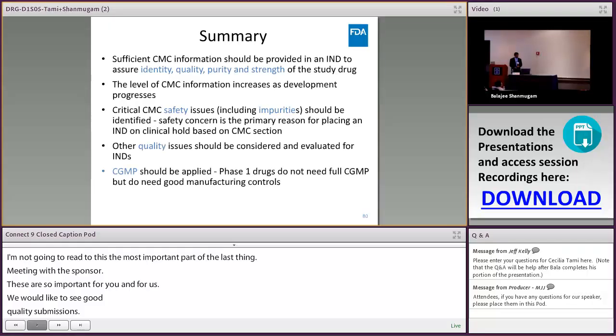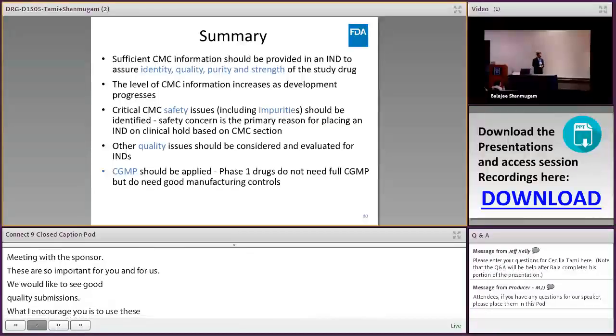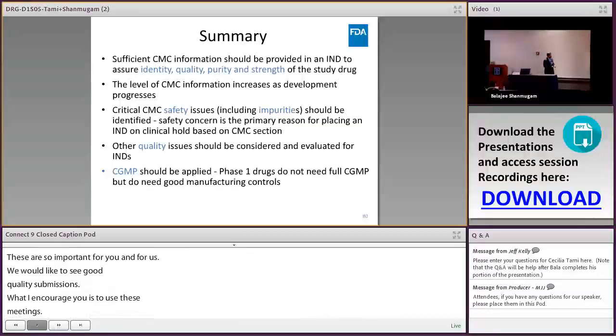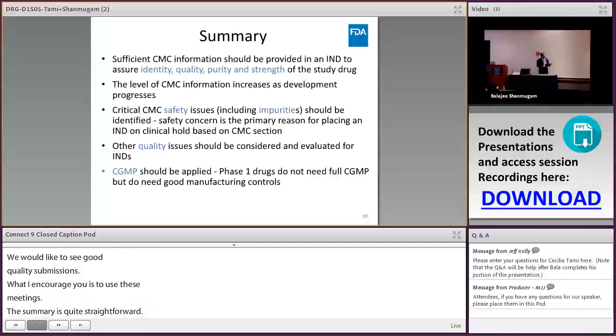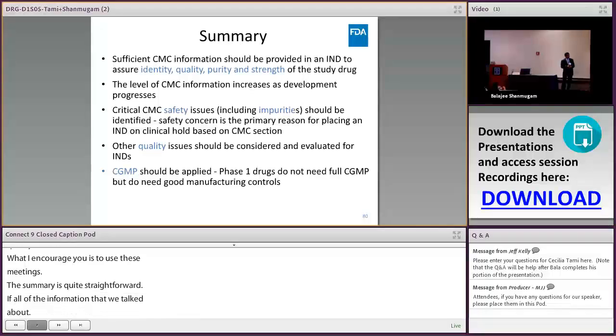It's quite straightforward that we would need all the information that we talked about to support the identity, quality, purity, and strength of the product. And as we talked about, this level of CMC information progressively increases depending on the phase of your trial.